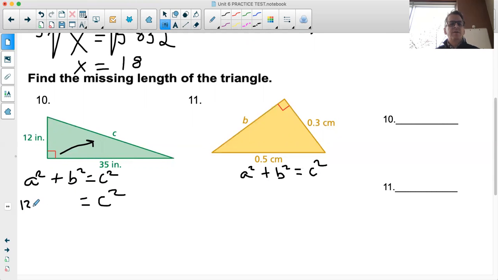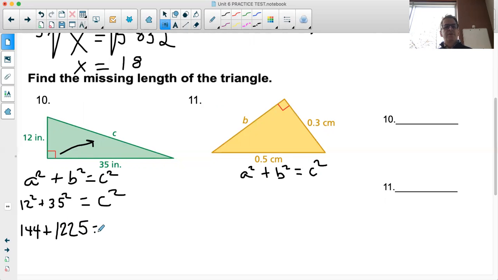12 squared plus 35 squared will equal the hypotenuse squared. Okay, so 12 squared is 144. And 35 squared is 1,225.